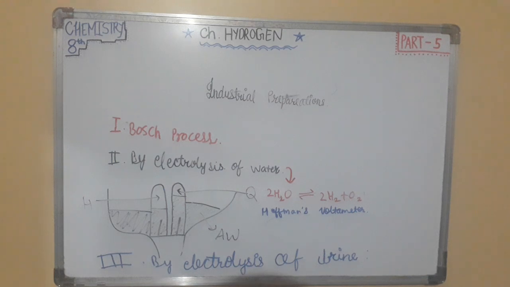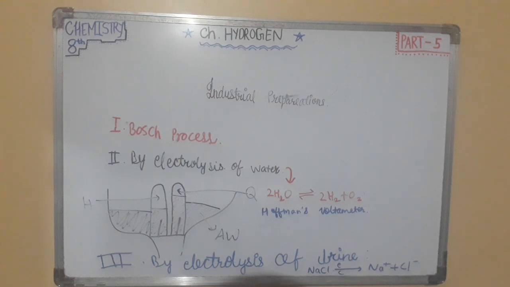Solution is NaCl gives Na plus Cl minus. This is the aqueous solution and this is electric current.